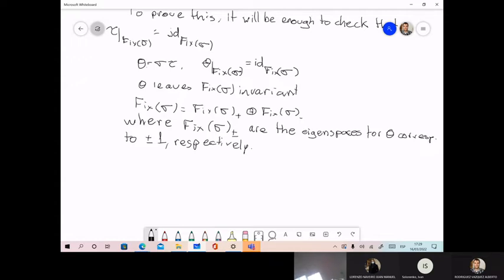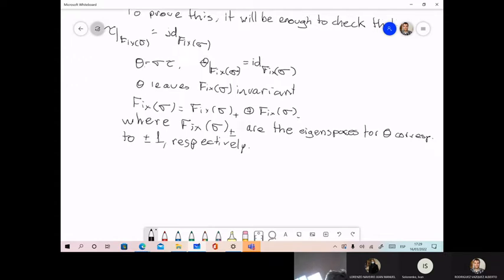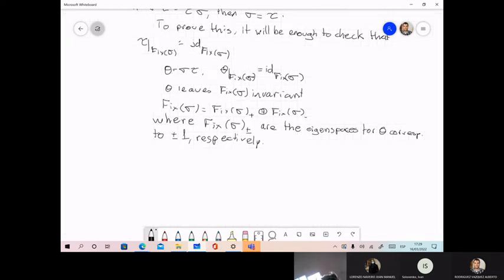Okay. So when we say that sigma equals tau, we have to check that this fixed sigma minus is the zero subspace, right?